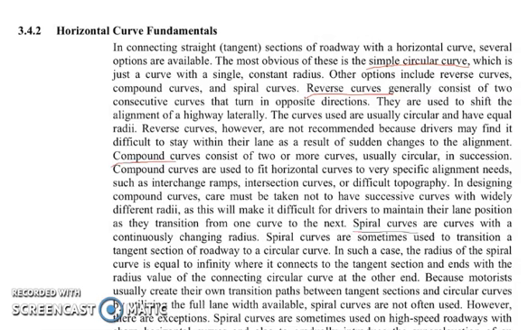Spiral curves are curves with continuously changing radius. These spiral curves are sometimes used to transition a tangent section of roadway to a circular curve. In such a case, the radius of the spiral curve is equal to infinity where it connects to the tangent section, and it ends with the radius value of the connecting circular curve at the other end.